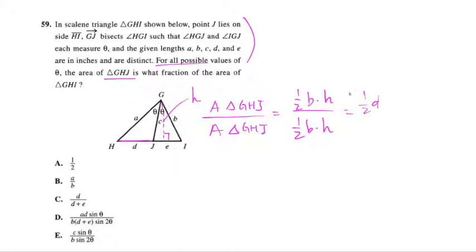We'll just call it H. The area of triangle GHI is 1/2 base. The base is going to be D and E. That's 1/2 D plus E times height. This is your altitude as well. So then the 1/2 reduces with the other 1/2, the H with the H, and we have D over D plus E. The answer here is C.